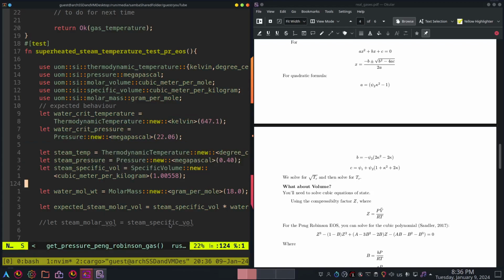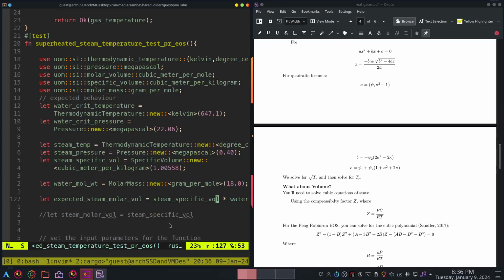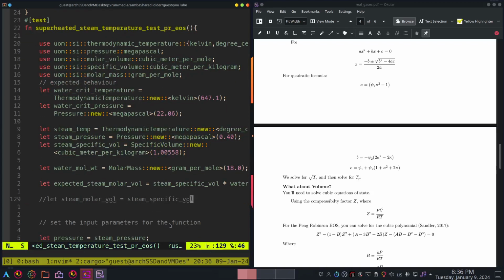And I'm going to get the molar volume. So this is the molar volume. I'm just going to get steam molar volume.